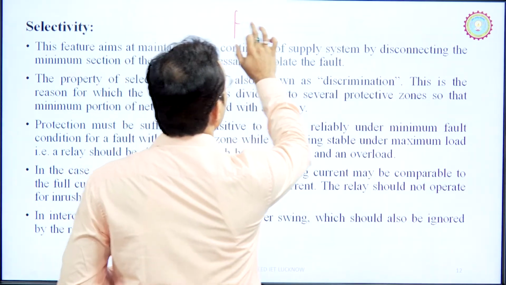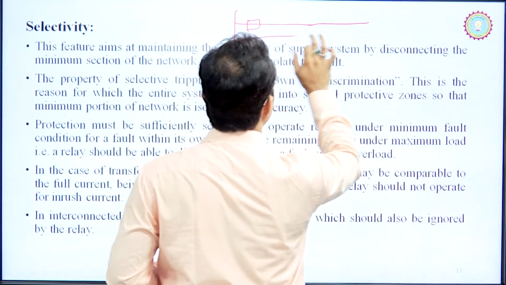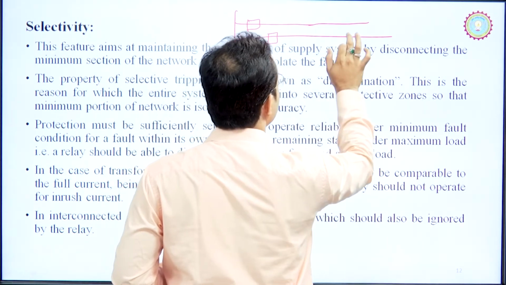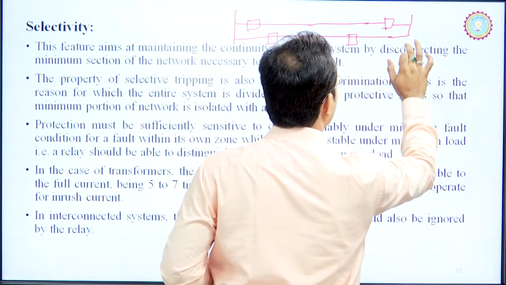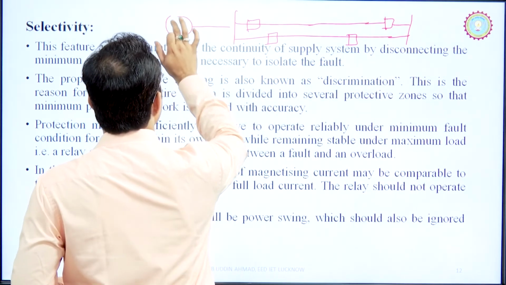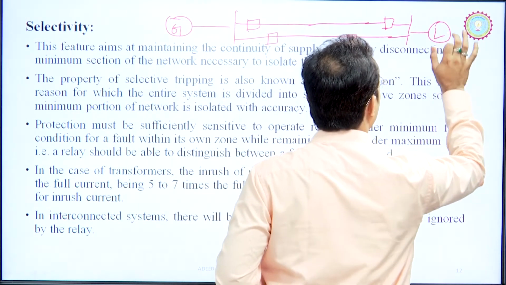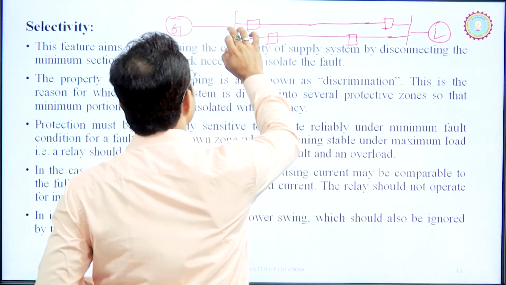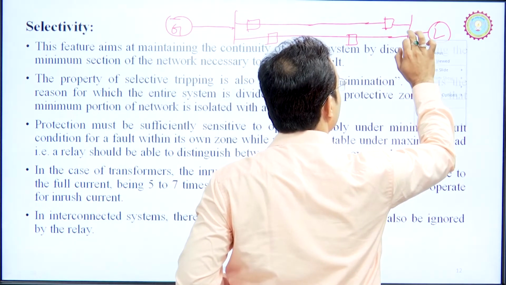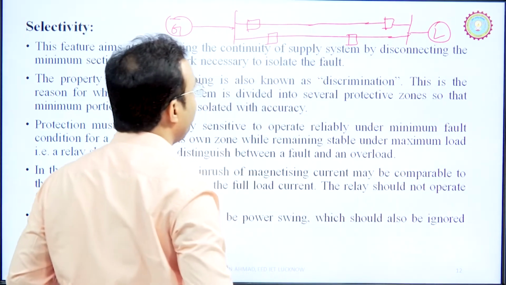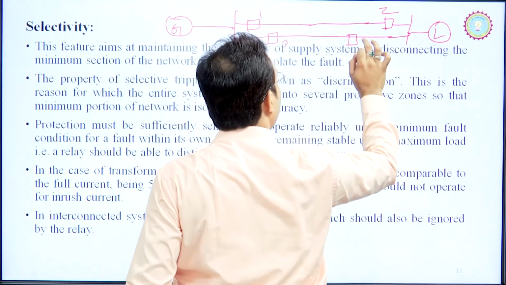Suppose we have this line, we have some generator and we have some load. This is a generating section and this is some load. These are circuit breakers 1, 2, 3 and 4.